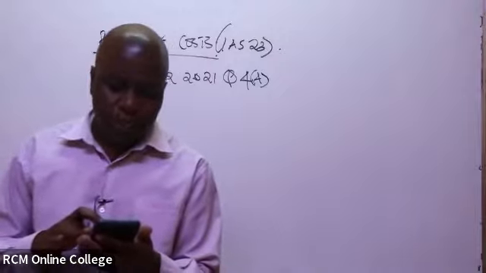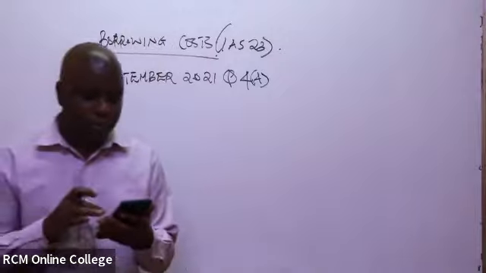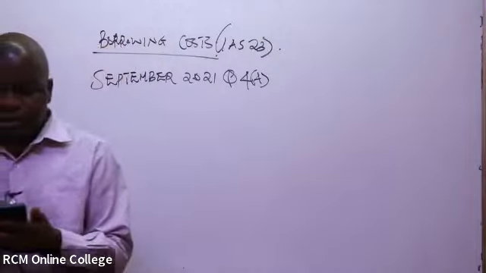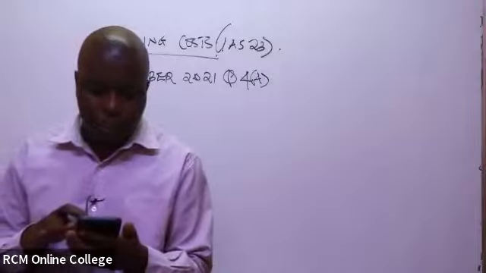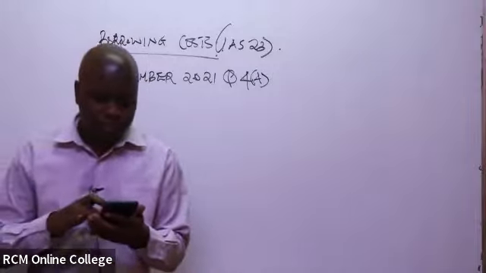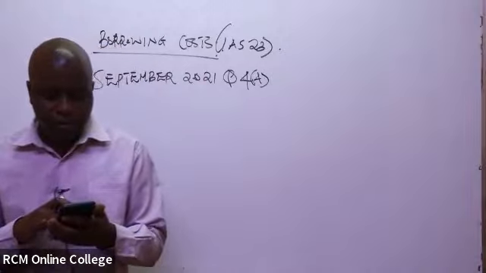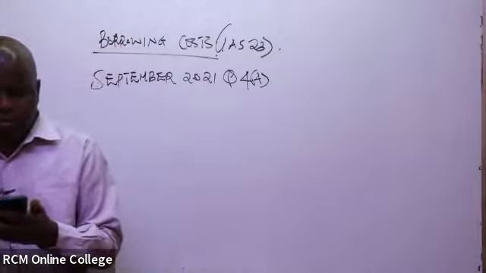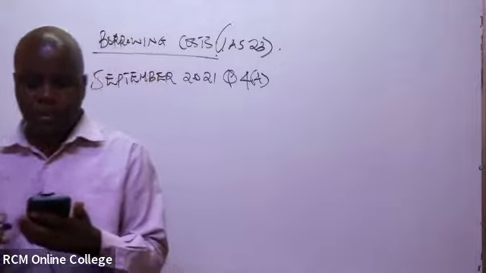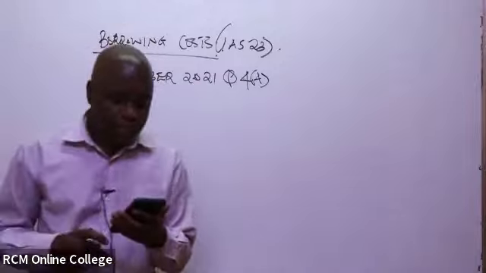Then you are told, as additional information, the 10% loan note and the 12% bonds were used to finance the construction of a power plant, which commenced on 1st of January 2020. Expenditure for the construction was drawn, with 100 million being drawn on 1st of January 2020 and 75 million on 1st of July 2020.